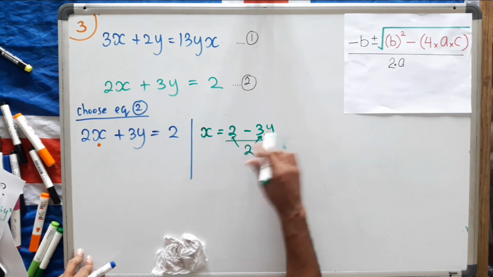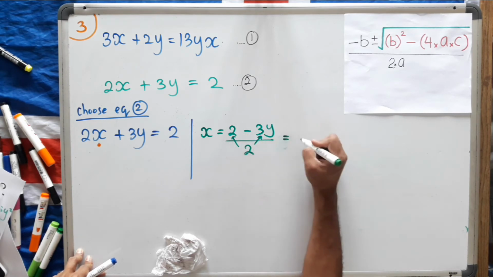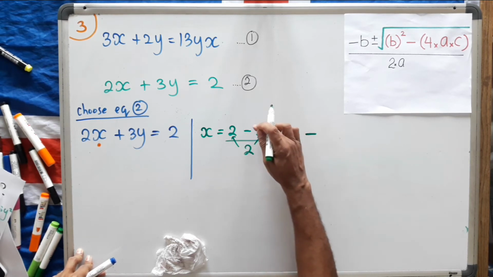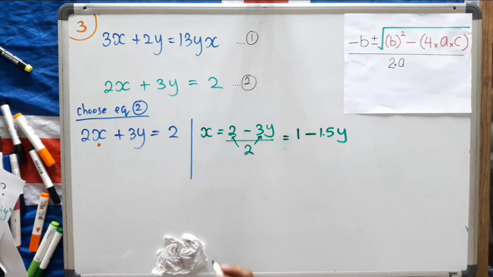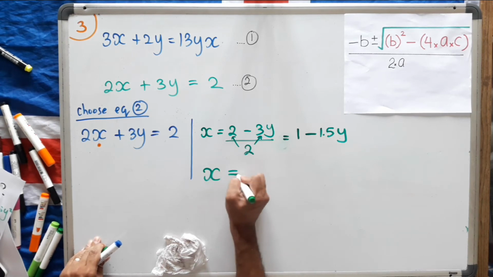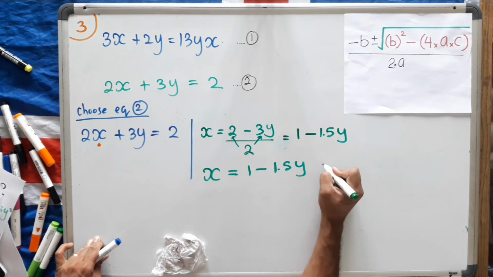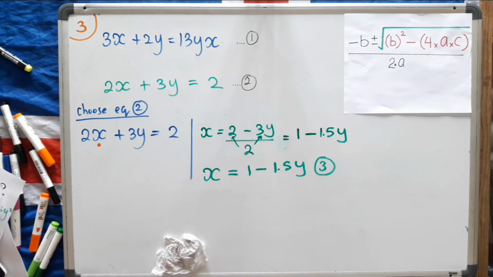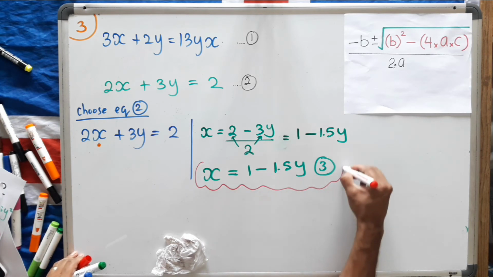So if we simplify this, 2 divided by 2 is 1, and minus 3y divided by 2 is minus 1.5y. So my new equation 3 is x is equal to 1 minus 1.5y. This is my equation 3. And let's make it look noticeable.